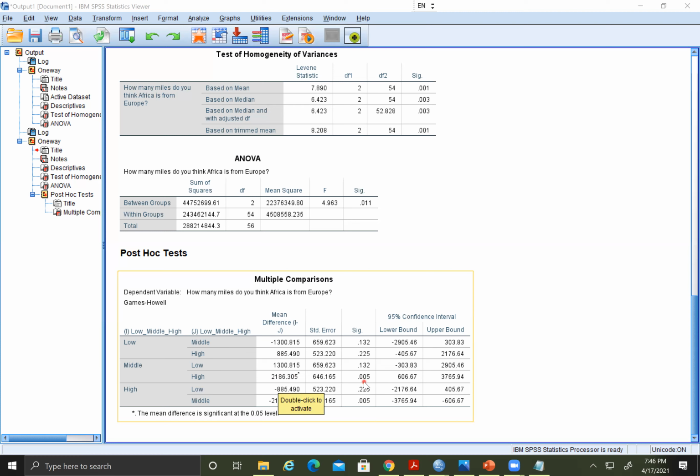Again, this is also a probability test, and when you see this probability, you go back to the null hypothesis. The null hypothesis in this case would be that the mean difference is not significant, the means are not significantly different, or the mean difference is 0. I'm just going to highlight, for example, this row.